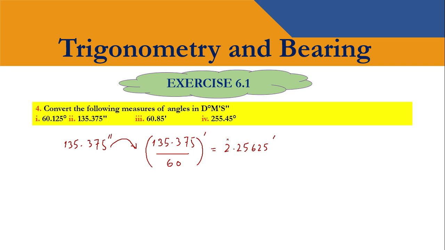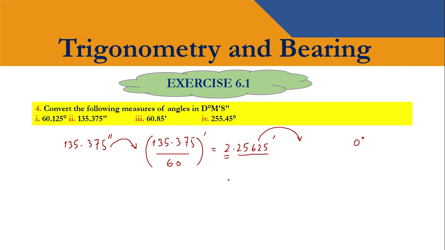If the minutes are more than 60, then we will further divide by 60 to get our degree answer. But because the minutes are less than 60, our degree answer will be 0 degree. And the rest of the minute is showing our seconds. We keep this integral part and convert that decimal part back into the seconds.